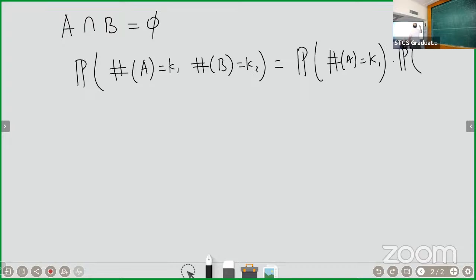These two properties completely define the Poisson point process. In each subset the number of points is Poisson distributed, and in two disjoint subsets the numbers of points are independent. That is all there is to it. So that completely defines it.